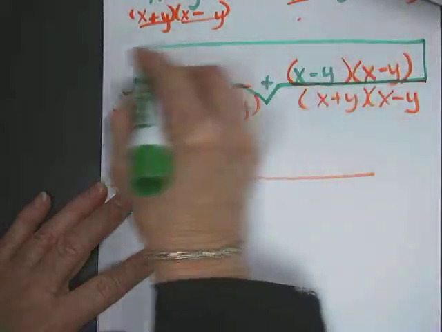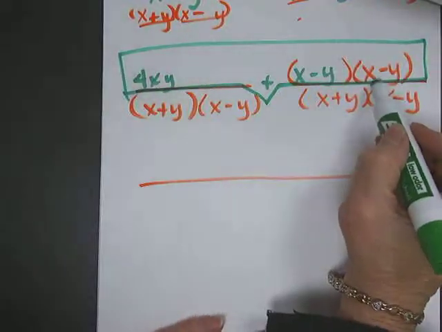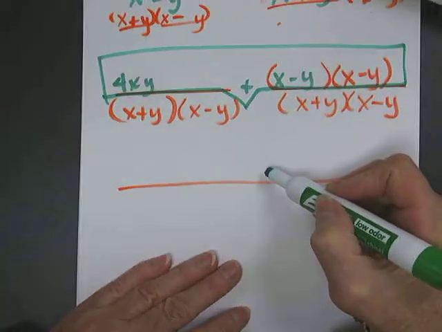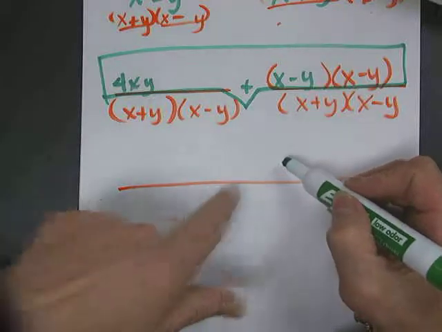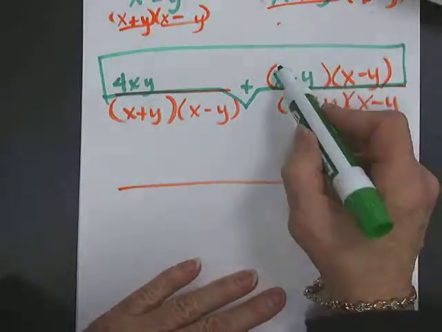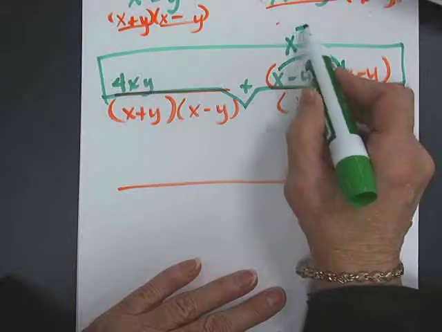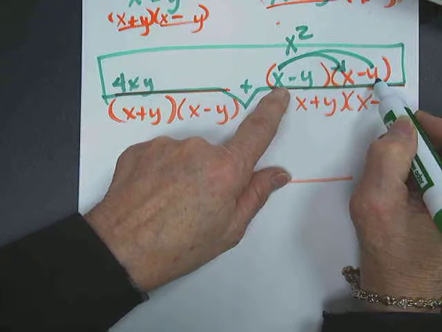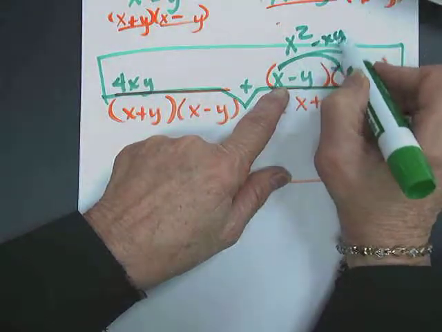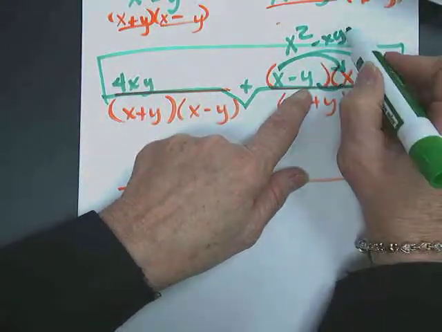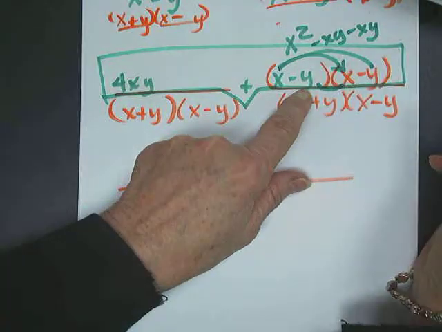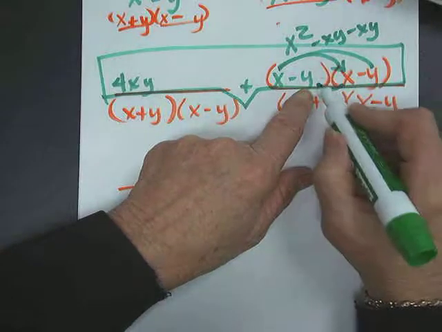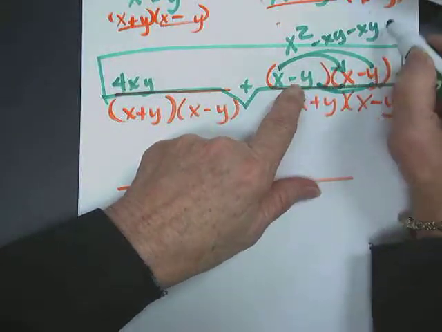So this has to get multiplied by x minus y. Okay. I'm going to write all this on top. This, if you'd like to FOIL it before we write it down here, we could do that. If you have room above it, if not, you can wait till you come down here.